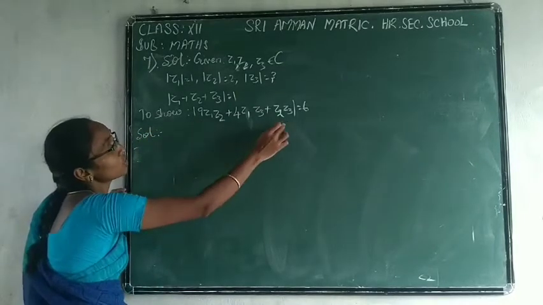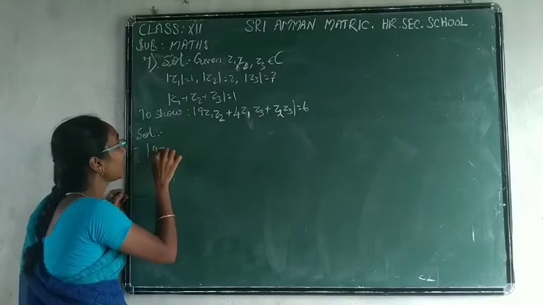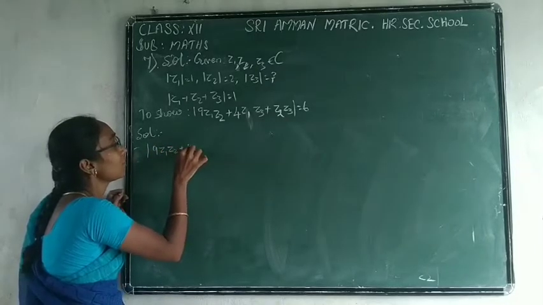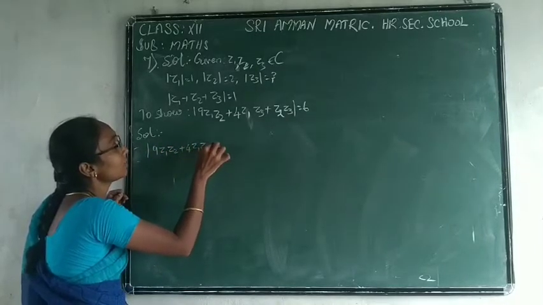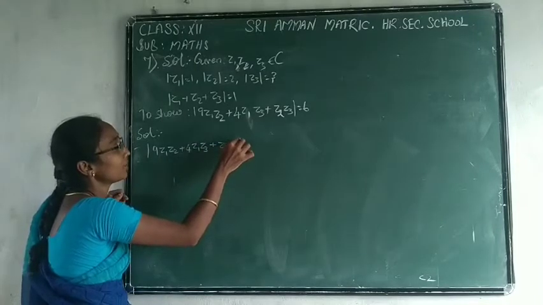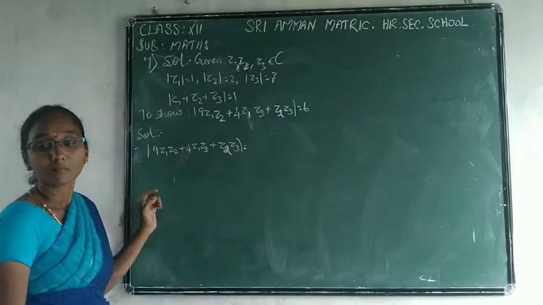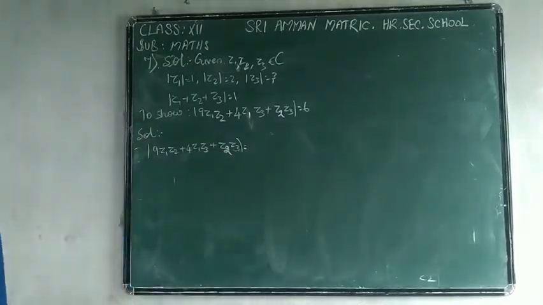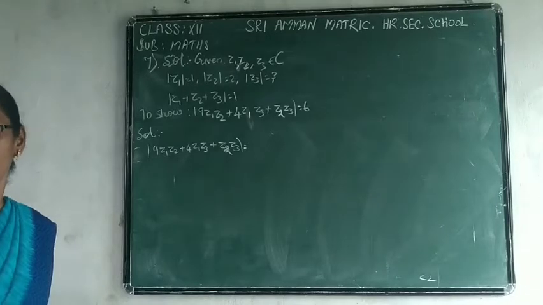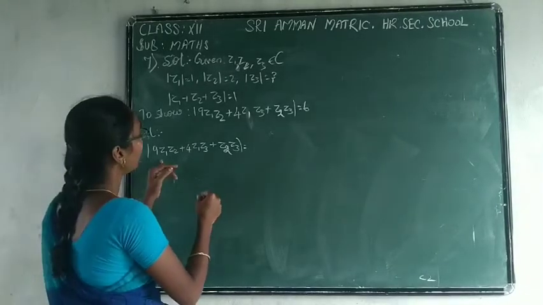Consider this question part. Modulus of 9 z1 z2 plus 4 z1 z3 plus z2 z3 equals. Okay.